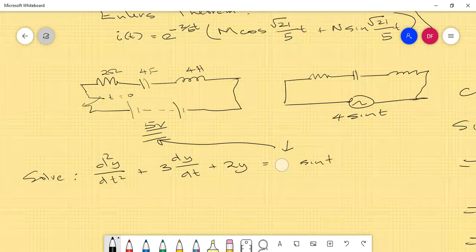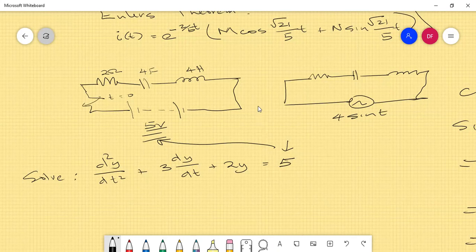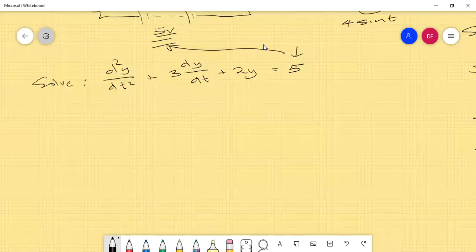So the differential equation, the voltage would add up to 4 sine t. All right, so here's one method that we use to solve it. First of all, you have to solve the homogeneous equation. Same way.